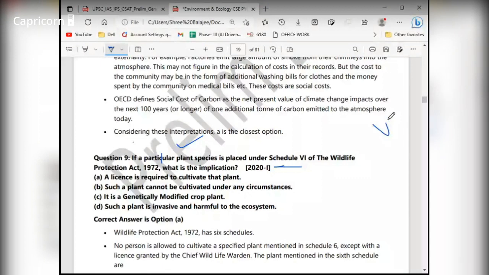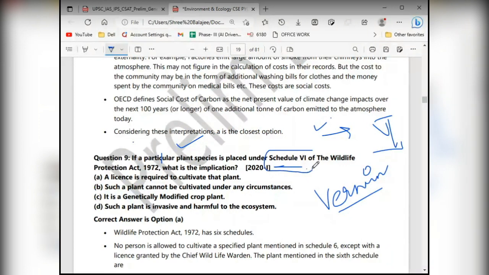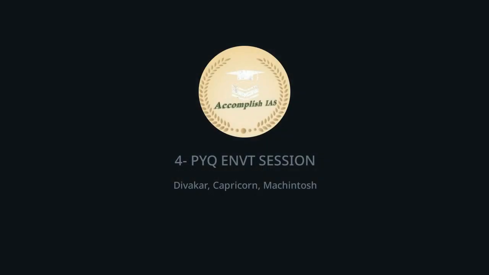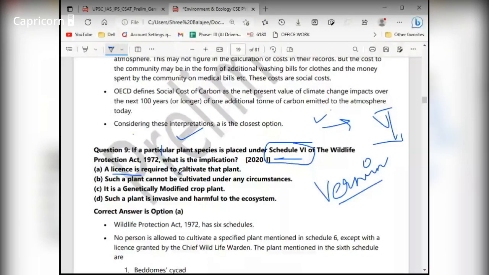The fifth one was the vermin section, which you can hunt. Rats and mice are there. And Schedule 6 was for the licensed ones. So under Schedule 6, a license is required to cultivate that plant. Now let us see how we could have solved this question.